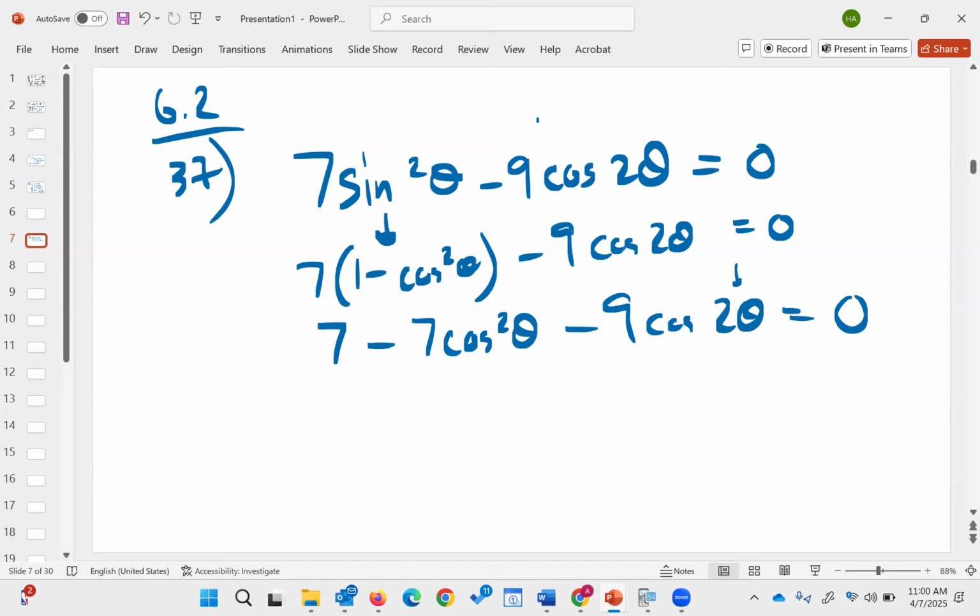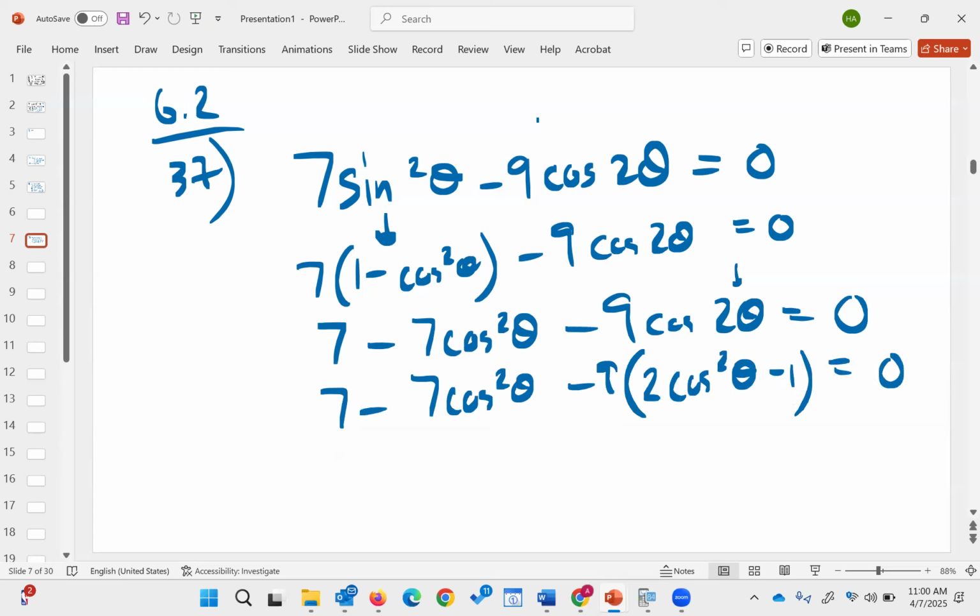Can you give me a substitution or identity that'll change cosine 2 theta into regular theta, and hopefully in terms of cosine? 2 cosine squared theta minus 1. And it is 2 cosine squared theta minus 1.